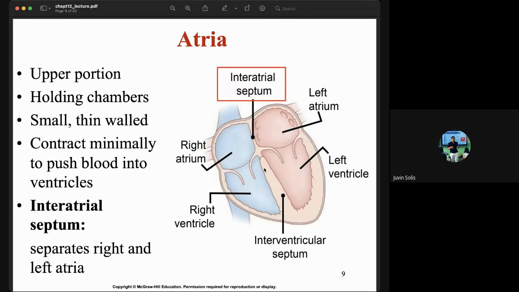Tulad din yan dito sa baba, yung left and right ventricle is also separated by a septum na tinatawag natin na interventricular septum. But here in the atria, we have your interatrial septum. Again, this part of the heart contracts minimally and pushes blood into your ventricles. So dito sa taas, pababa. So that is your atria.